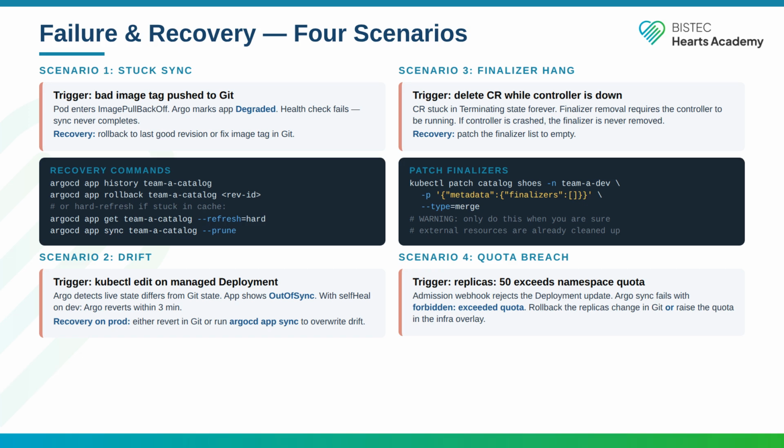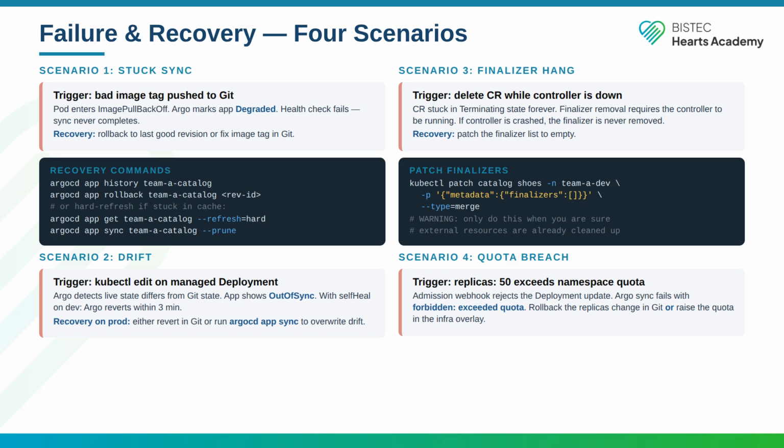Argo CD detects the drift within 3 minutes, which is the default resync interval. In a development environment with self-heal enabled, Argo CD reverts the change automatically. In production without self-heal, it shows out of sync and waits for a manual sync decision.